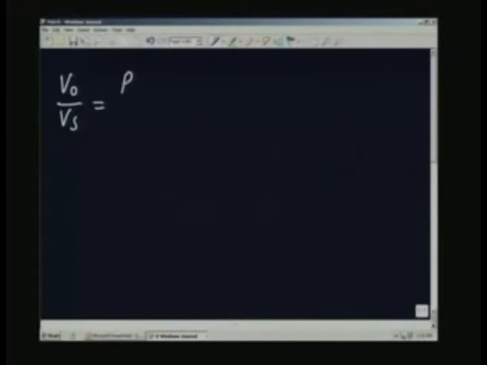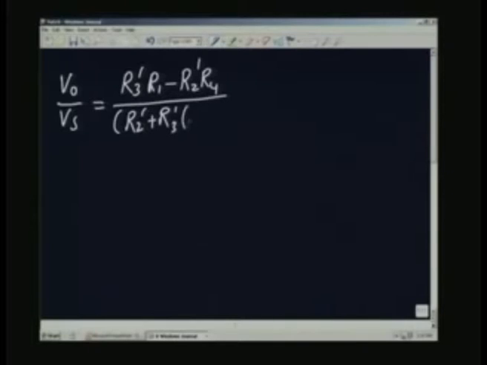This will be R3 prime R1 minus R2 prime R4 divided by R2 prime plus R3 prime into R1 plus R4. R1 and R4 do not change. The lead wires resistances are going to affect only R2 and R3.